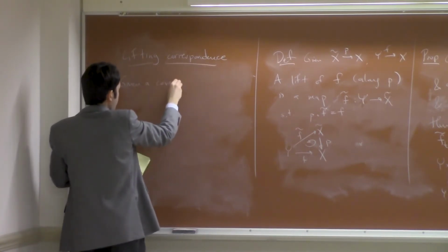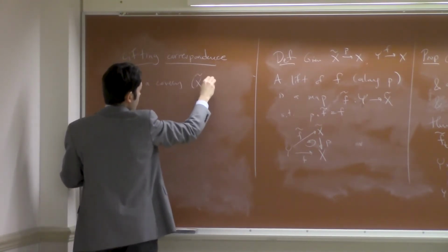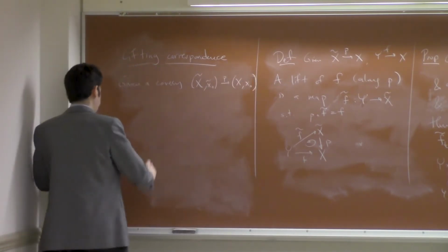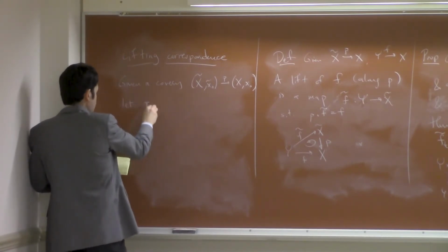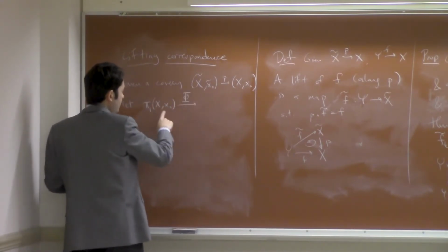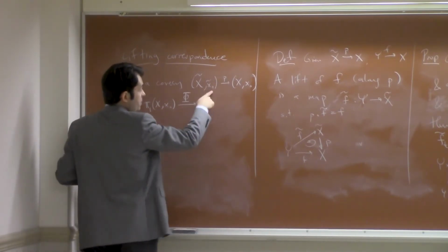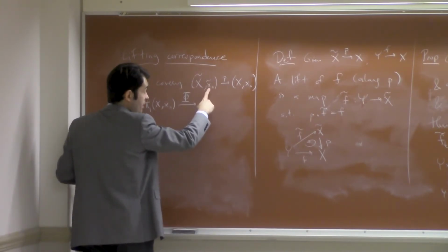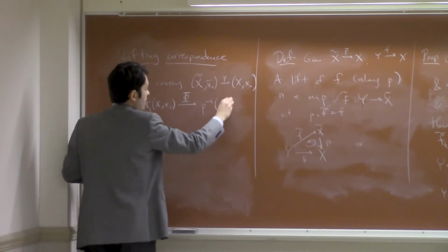So given a covering map, and let's say with a choice of base points, then let capital Phi be the map that takes homotopy classes of loops based at x naught, lifts them up to a path starting at x naught tilde, and then picks the right endpoint.